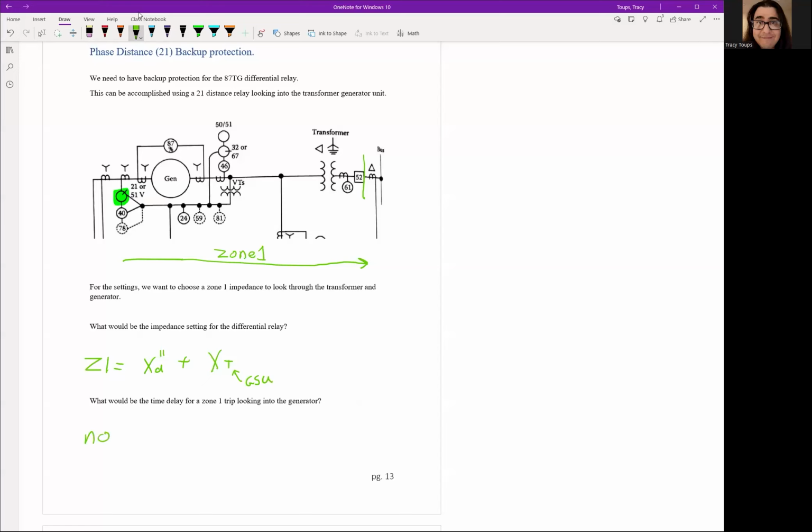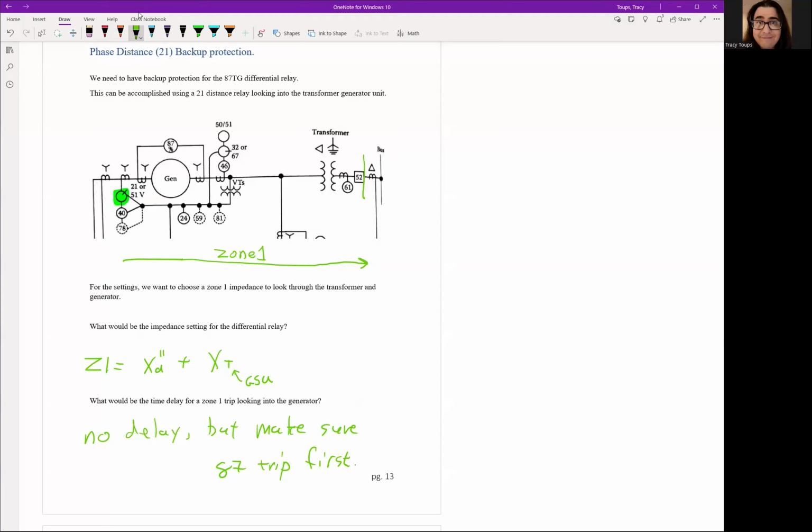Okay, there should be no delay for this 21 relay, but we should also make sure the 87 will trip first. Okay, remember, a backup protection should be slower than your primary protection. Primary protection is a 87 relay, 21 is a backup. Now, the 87 relay mechanically should act faster than the 21 relay by design.